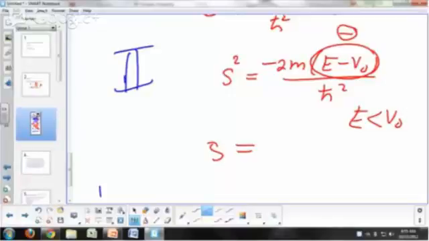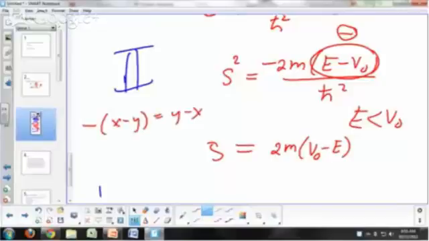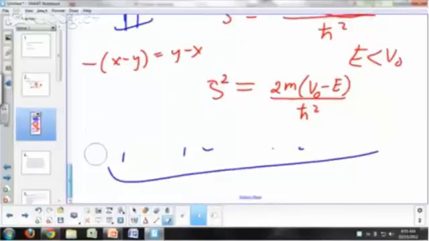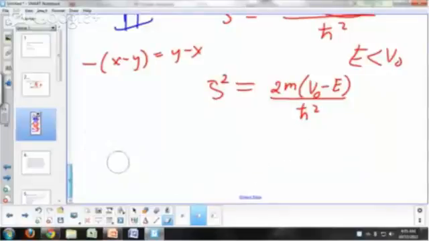Actually, I can rewrite this as, instead of saying minus 2m times e minus v naught, I'm going to say that's 2m times v naught minus e. Right? Negative of x minus y is just the same thing as y minus x. Flip the two. So it's going to be 2m times v naught minus e over h bar squared. That's going to be my s squared. So when I take the square root, I'm not going to come up with an i in the expression for psi.